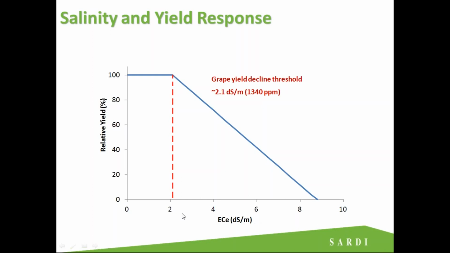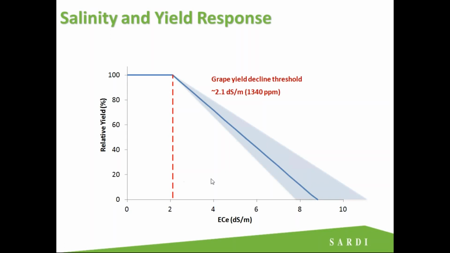The x-axis is soil salinity. But there comes a point where the soil salinity gets high enough that you start to reduce your yield potential, and for grapevines that salt level is around 2.1 decisiemens of soil salinity, and after that point you start to reduce your potential yield.